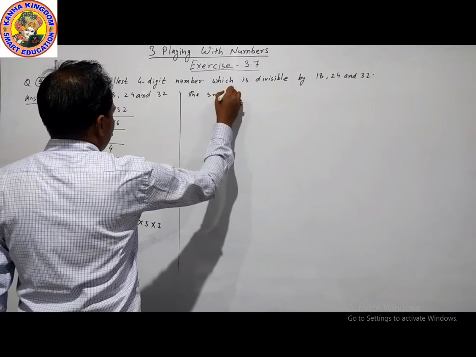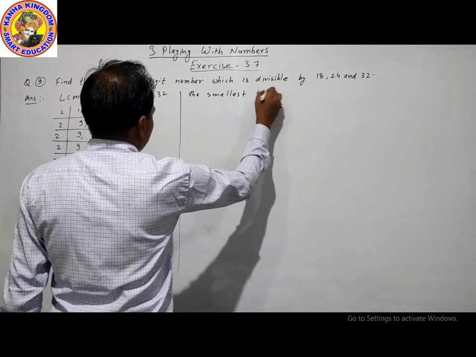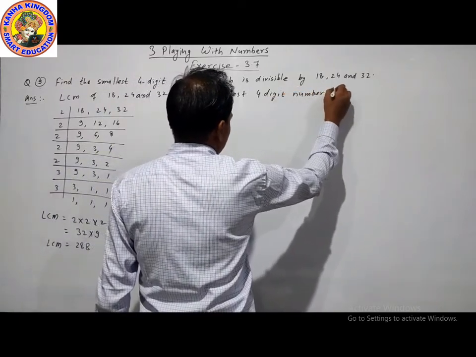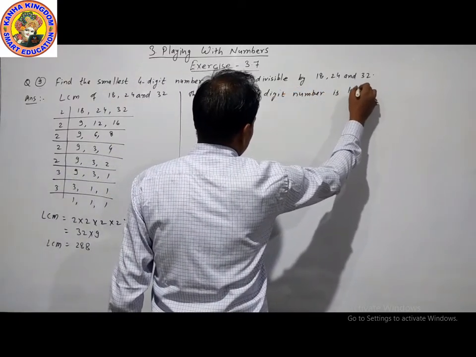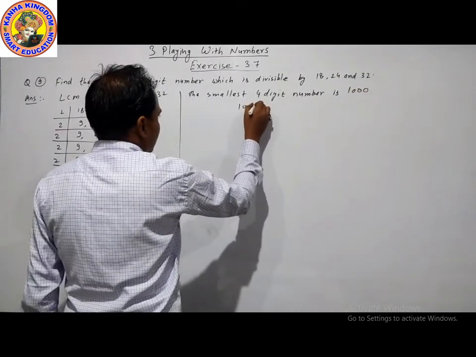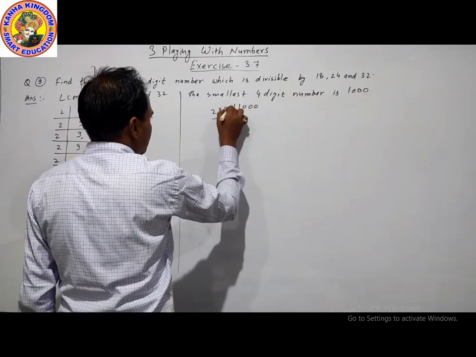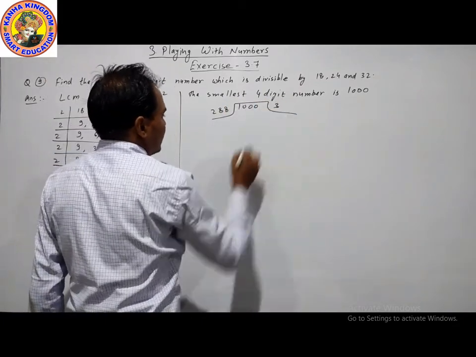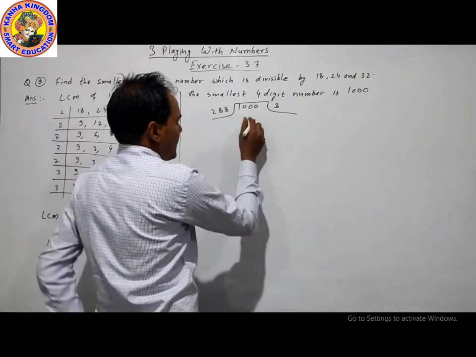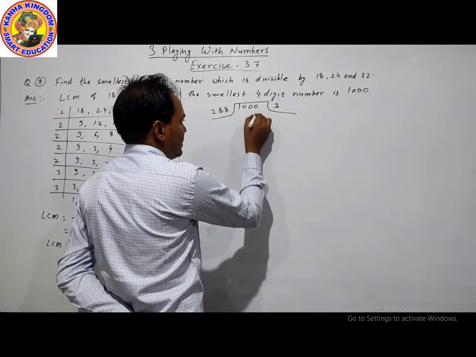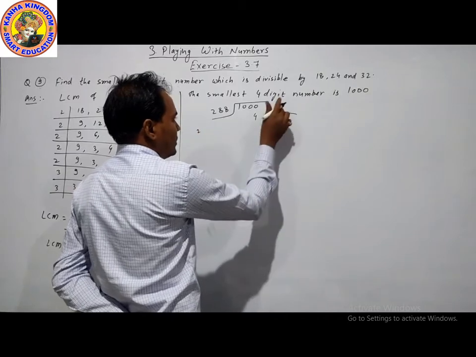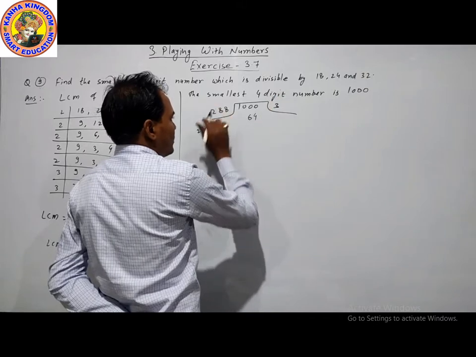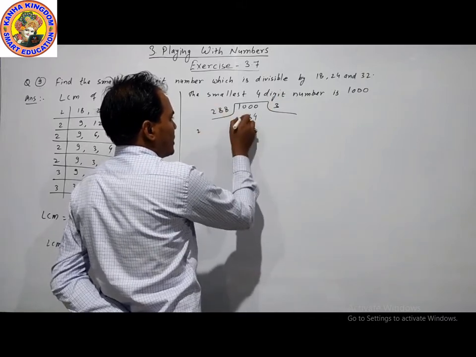The smallest 4-digit number is 1000. Now we will try to divide 1000 by 288. 3 times. 8 into 3, 24. 8 into 3, 24 plus 2, 26. 3 into 2, 6 plus 2, 8.